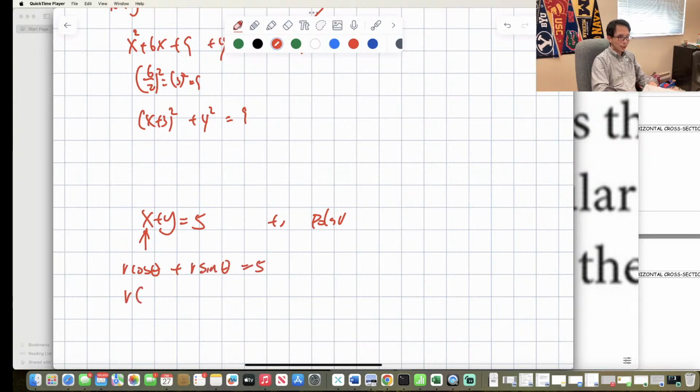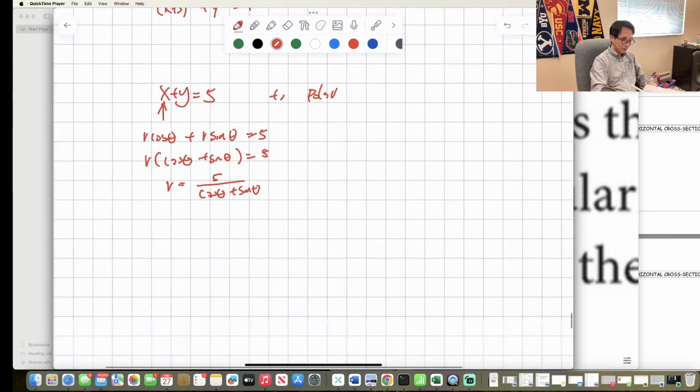Can I factor out an r? Can I solve for r? So this is how you graph x plus y. It's more complex, but it can be done.